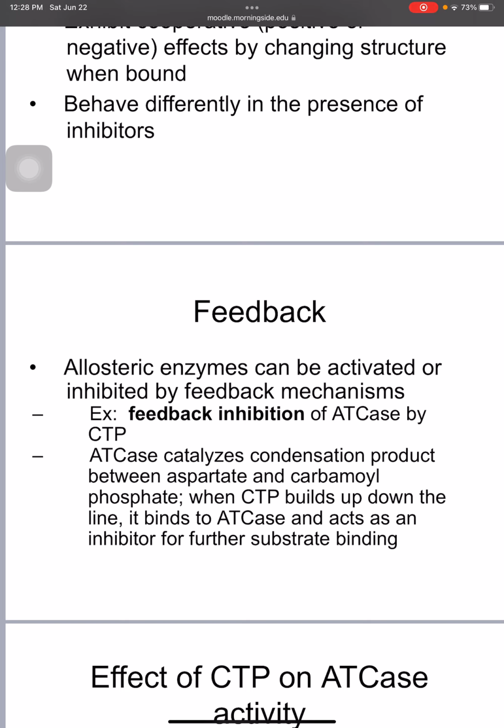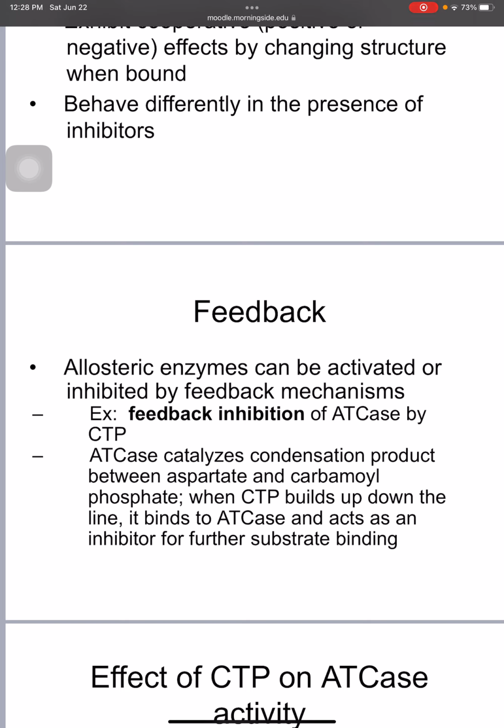So let's say you're going through this whole assembly line process, all these reactions, and for some reason there's a bottleneck at some point, and you end up having a barrier where you start building up a bunch of excess CTP. Well, if you have excess CTP, that means that CTP is not being used for further nucleic acid assembly.